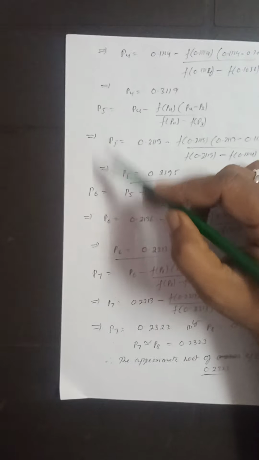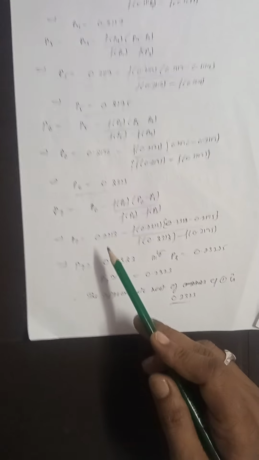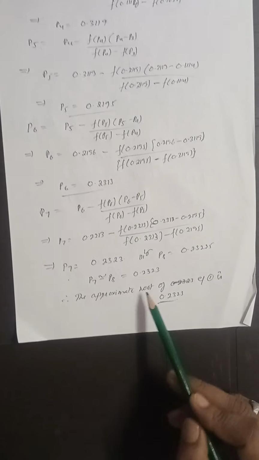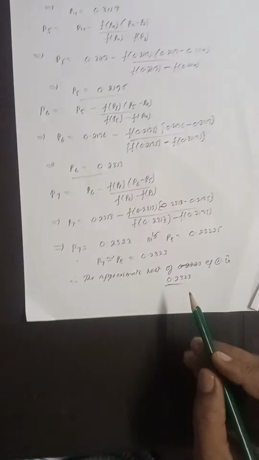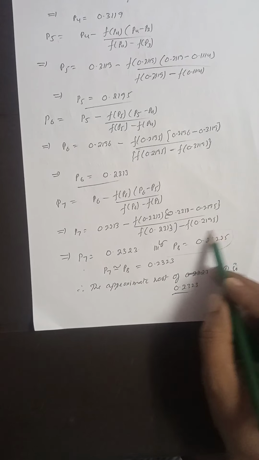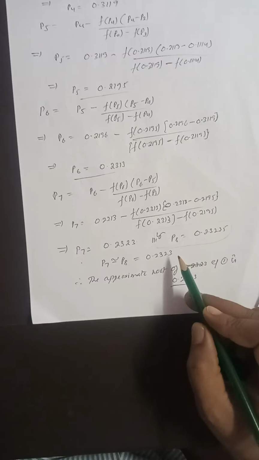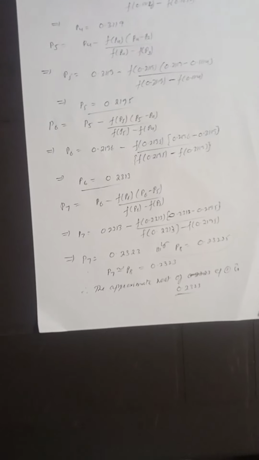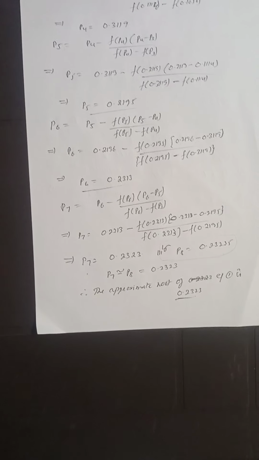Again I am repeating the same process, P4, P5, P6, P7. Here if you want to stop the procedure, you need to compare the previous approximation and this approximation. Here P7 and P6 both are identical up to 2 decimal places. Similarly if you calculate P8, I am getting this value. Here P7 and P8 both are equal, right? Therefore we can stop the procedure.